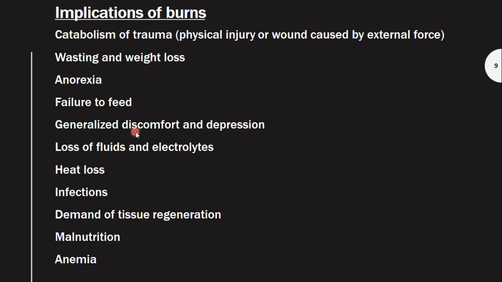Generalized discomfort and depression, loss of fluids and electrolytes, heat loss, infections, especially if it's not taken care of very well, you're likely to get infections. And if you get infections, it becomes very severe, especially if it is a second degree burn. It can extend to a third degree burn if it's not taken care of. Demand of tissue regeneration, malnutrition because others do not feed well, and anemia.